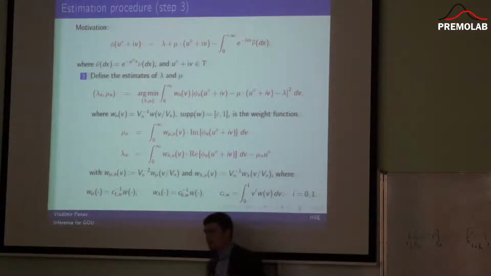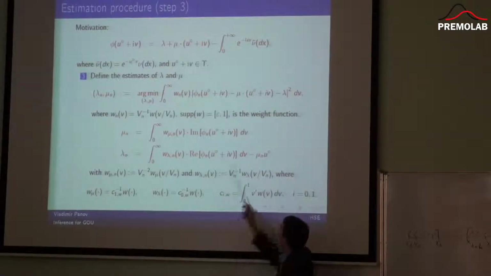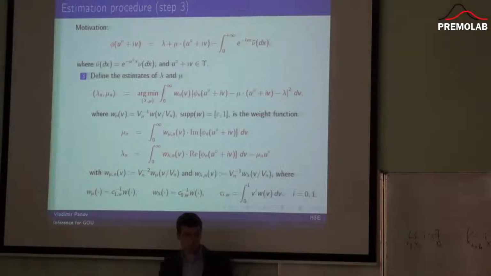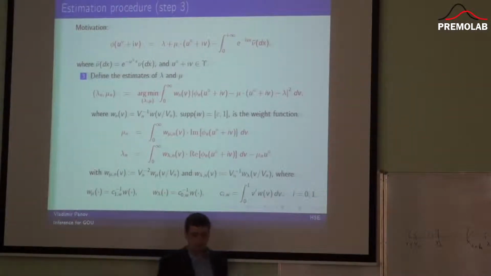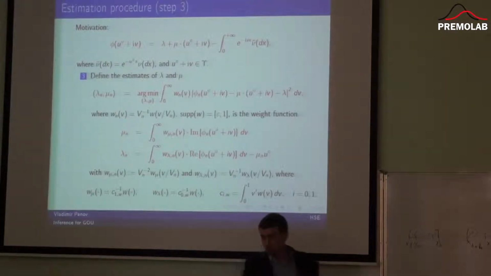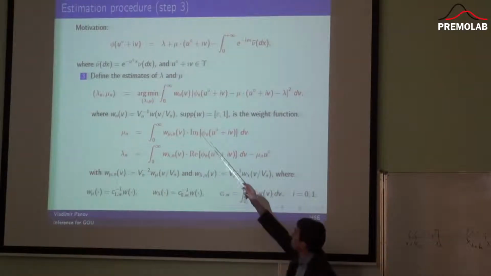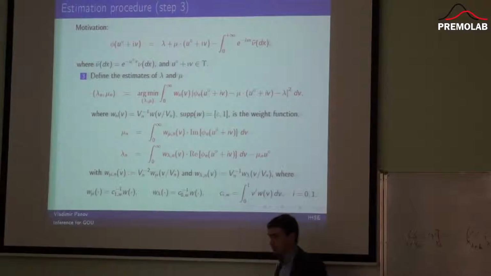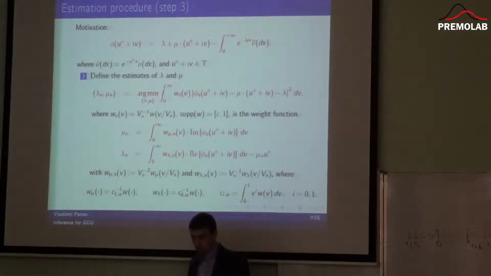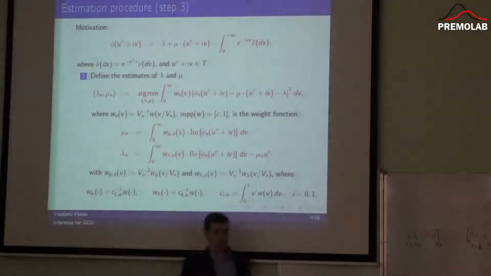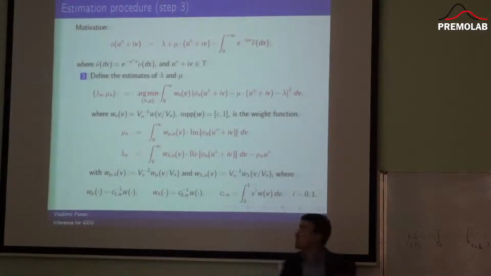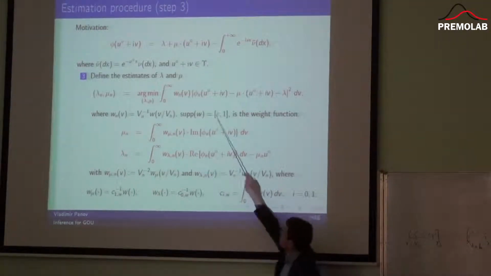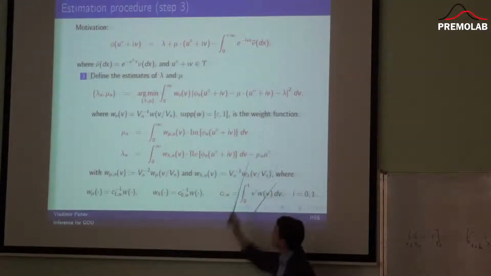The well-known Riemann-Lebesgue lemma tells us that the Fourier transform tends to 0 as the argument tends to infinity. Therefore, for large v, the Laplace exponent is proportional to v. We efficiently use this idea and define the estimate of the parameters lambda and mu as a solution of the following optimization problem.